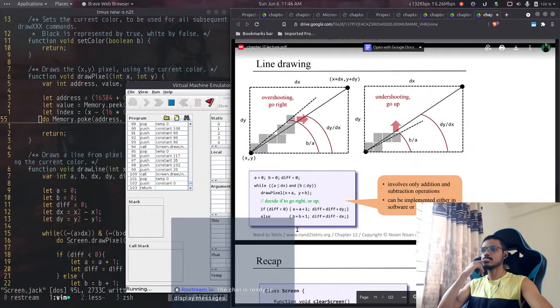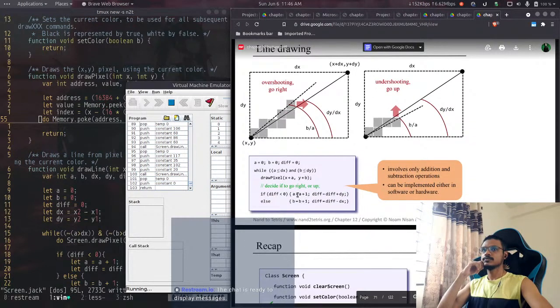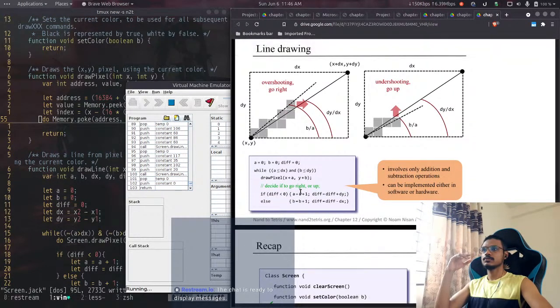This algorithm only draws a line which goes northeast, right?